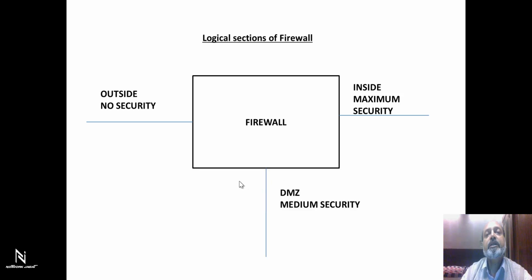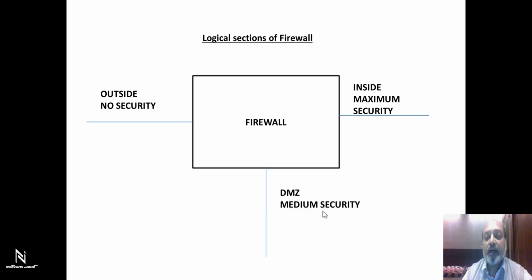Now the question will come up: if no traffic is allowed to enter the inside zone from outside or from the DMZ, then how do the users sitting in the inside zone get traffic, see the internet, or see the company website? Yes, definitely that needs to be done.